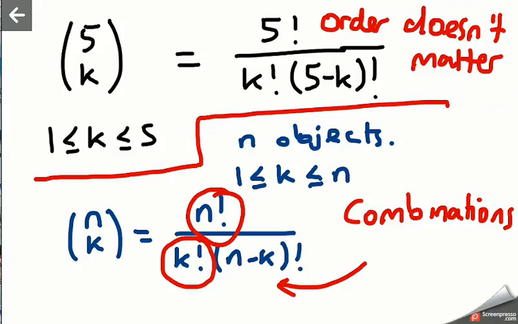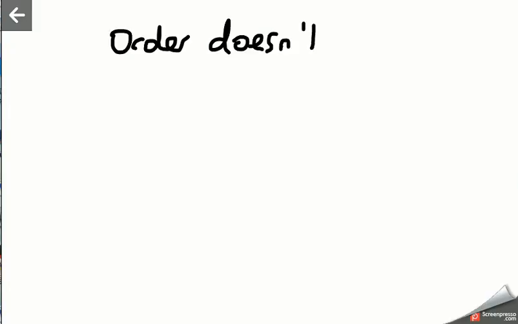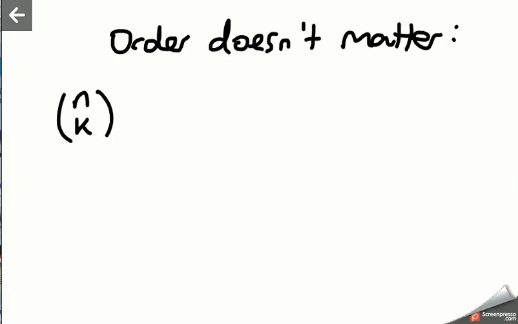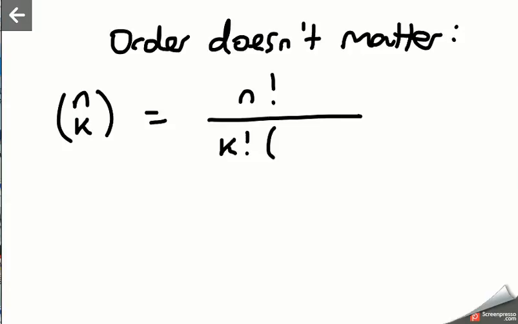Suppose I do care about the order. So, if order doesn't matter, that gives me n choose k equals n factorial divided by k factorial times n minus k factorial.